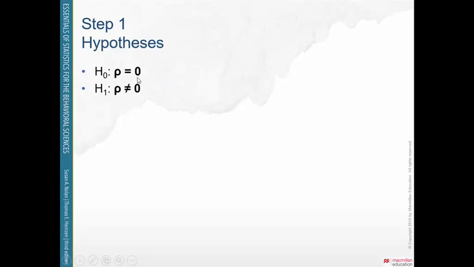Just like our null hypothesis has always been, the independent variable has no effect. So our null hypothesis here is that in the population, there would be no correlation. The correlation would be 0. And our alternative hypothesis is that rho is not equal to 0, that in the population there is some correlation. And it might be positive or it might be negative, but it won't be 0.